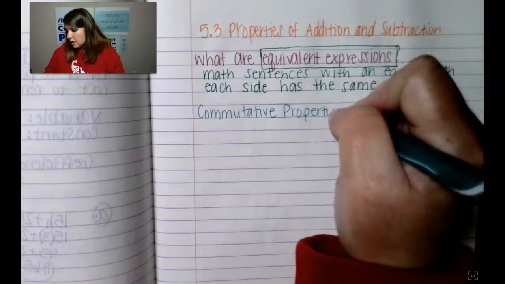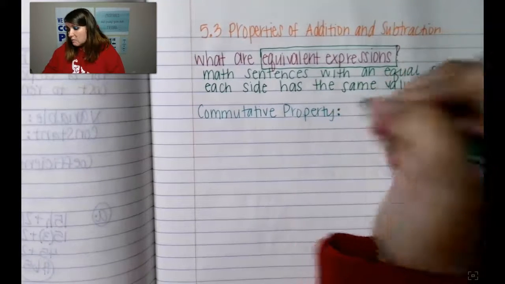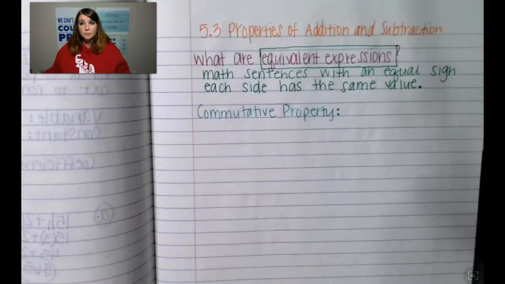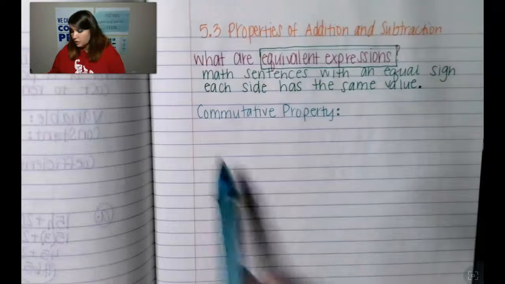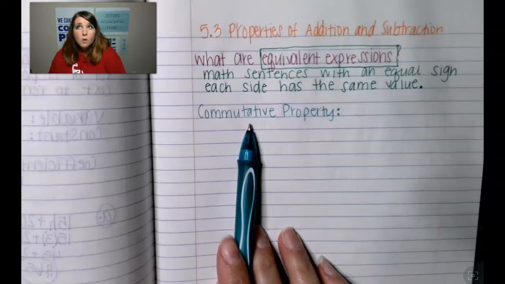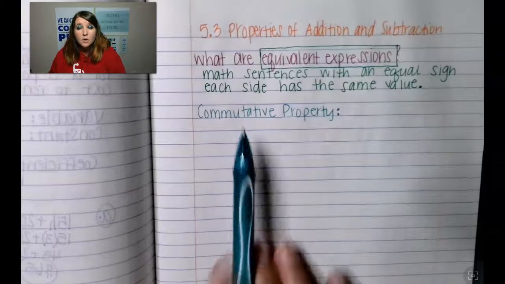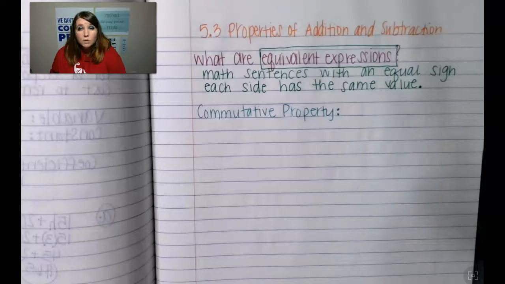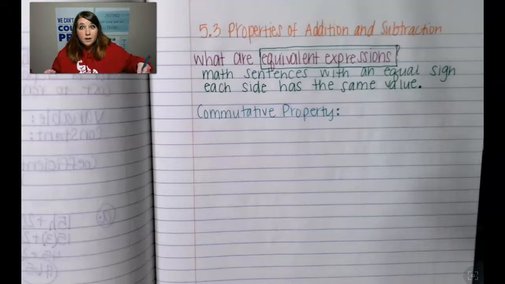I like to remember this property because of the word commute. It has the word commute in it. So think of driving, or a morning commute. When people are driving to work, they are commuting, going from one place to another. And typically when you go from one place to another, you have to turn around and go back again.